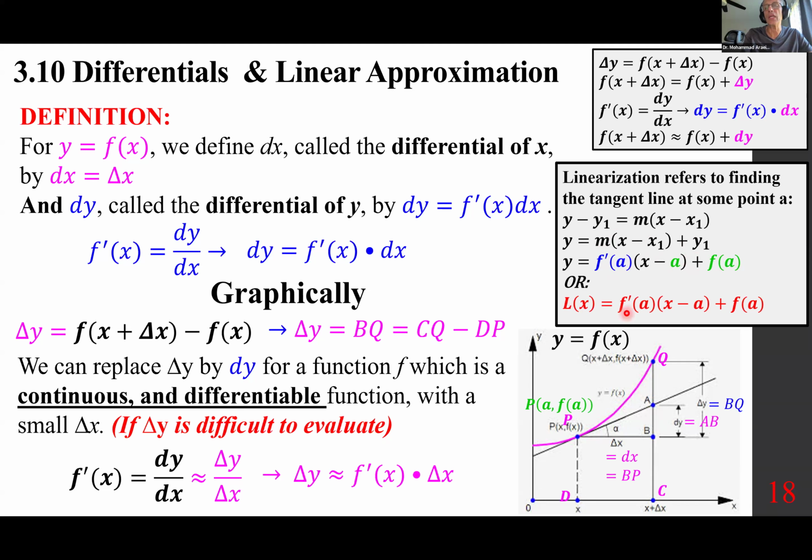So it's called L of x equals f prime of a times x minus a plus f of a. In other words, do I have to memorize this formula? No, I would stick with the easy way out: elementary algebra, point slope of a line, y minus y1 equals m times x minus x1. So that's the concept of a differential.